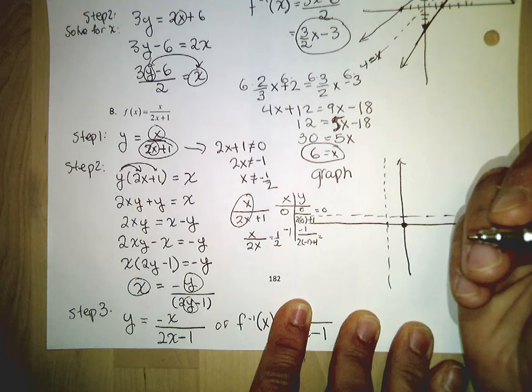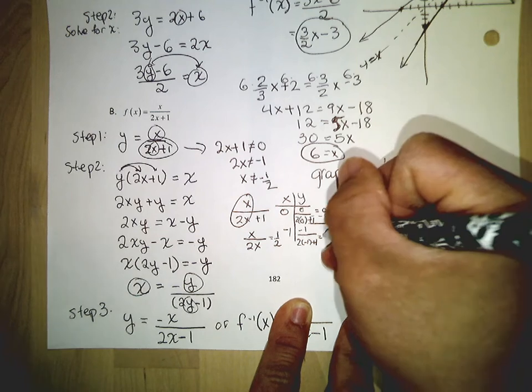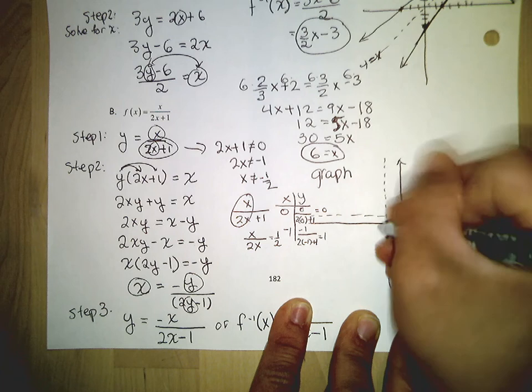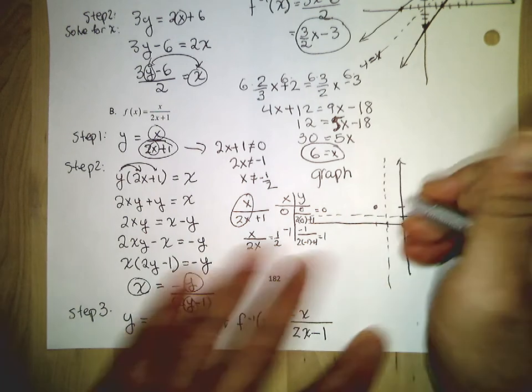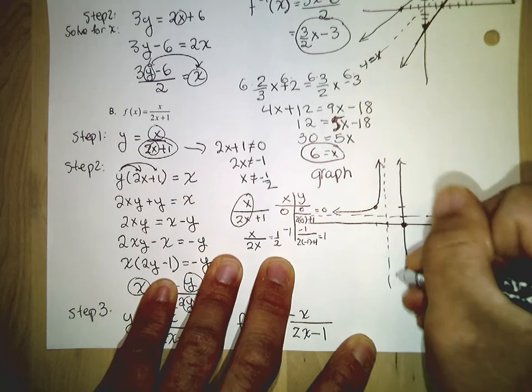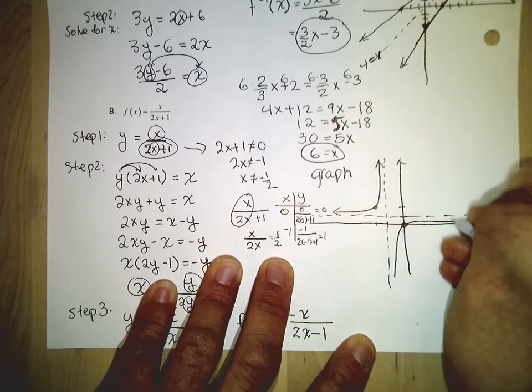That will give you a positive 1. So 1 is another point on the graph. And then if you fill in enough points, you'll realize that the graph looks something like this.